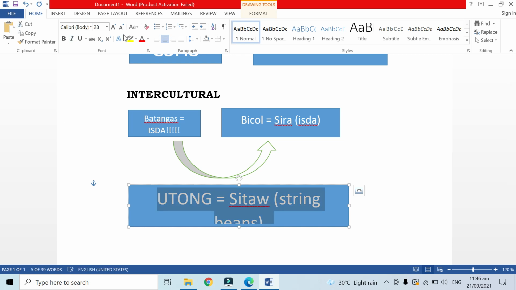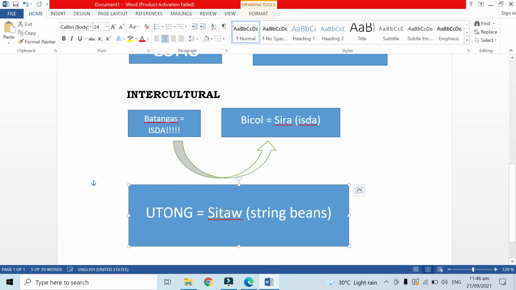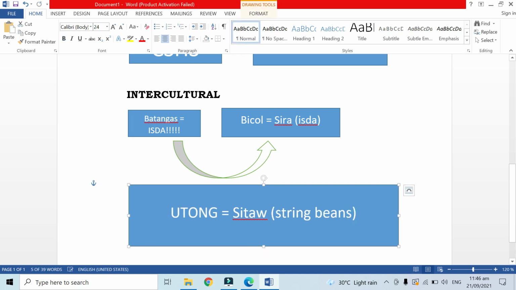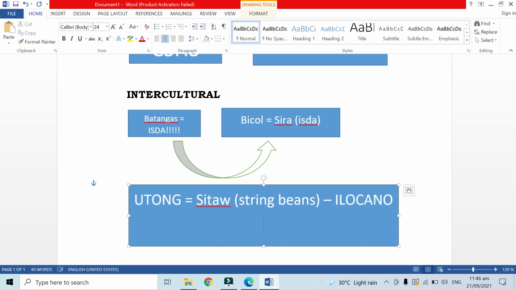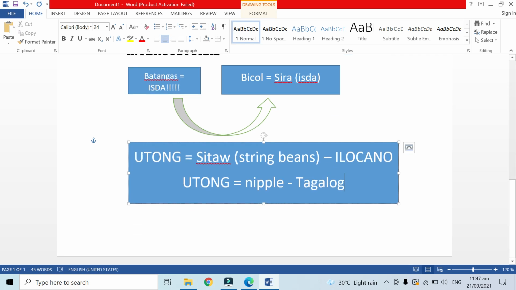That is in Ilocos, Ilocano. But in Tagalog, utong means nipple. So there might be a misunderstanding between the Tagalog and the Ilocano.